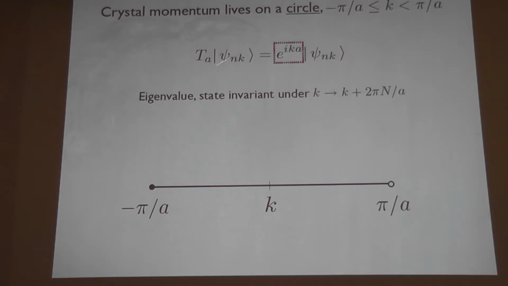I have a discrete translation symmetry, so I have this complex exponential for my eigenvalue, and therefore this k parameter must live in a circle, not just the whole real line like momentum did in free space. Okay, so this is how I get from having a real number for momentum in a system with continuous symmetry to a parameter k which lives on a circle, a Brillouin zone, when I have a discrete translation symmetry.